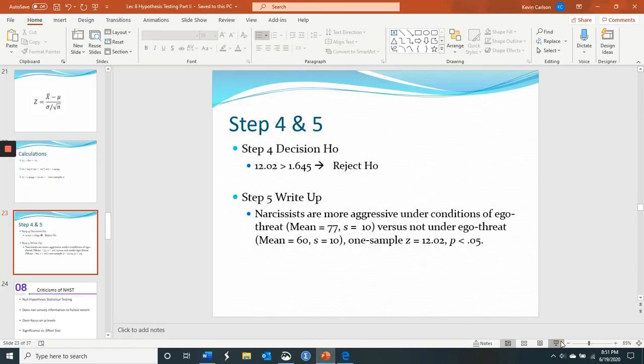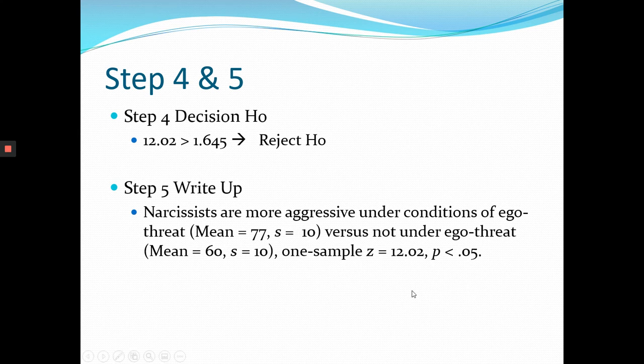And so I just say that. And ignore the means and standard deviations for now. Ignore the parentheses. So narcissists are more aggressive under conditions of ego threat versus not under ego threat.